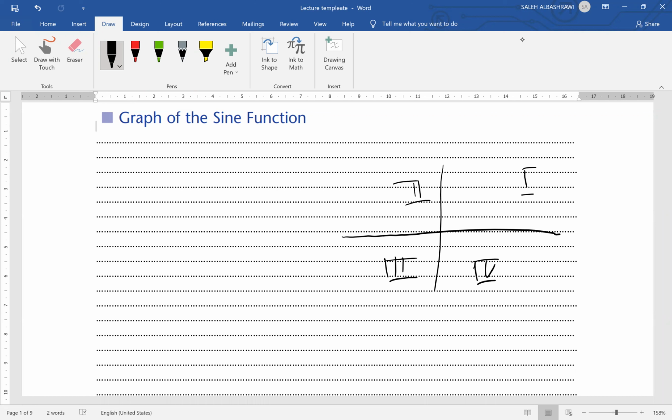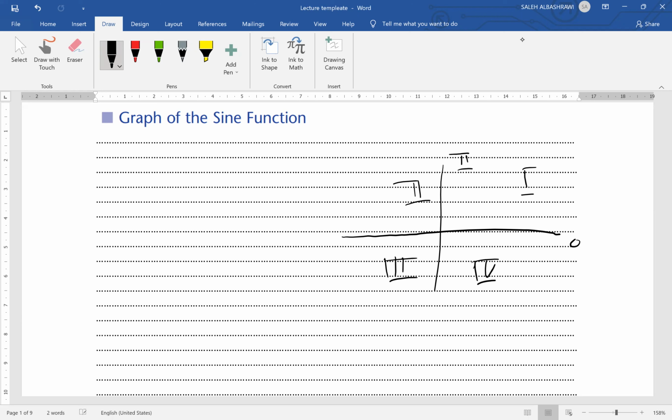We define quadrantal angles to be the angles for which the terminal side is on one of the axes, either the x-axis or the y-axis. So the first quadrantal angle is 0.